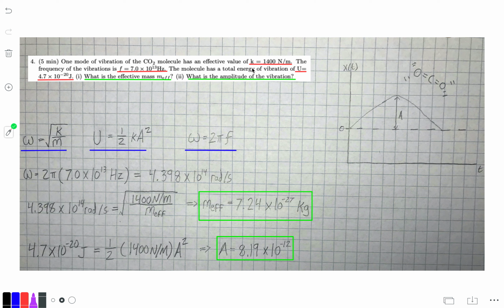We're given our effective value here. We're given our energy and frequency. Based on these givens, we can go through our lecture for this week, which talks a lot about these equations in detail, and they all relate to everything that we need.